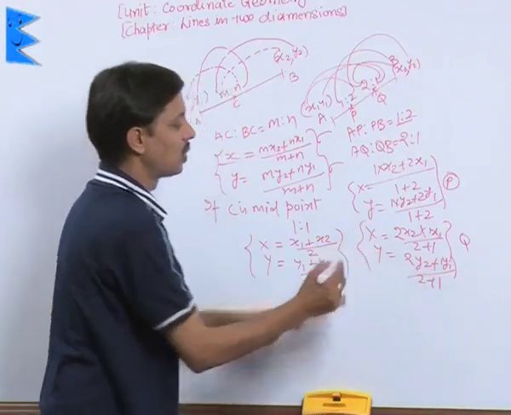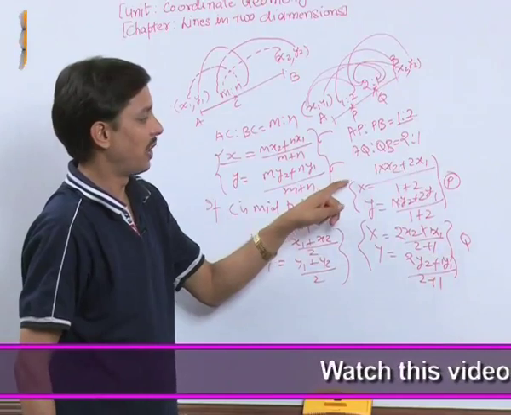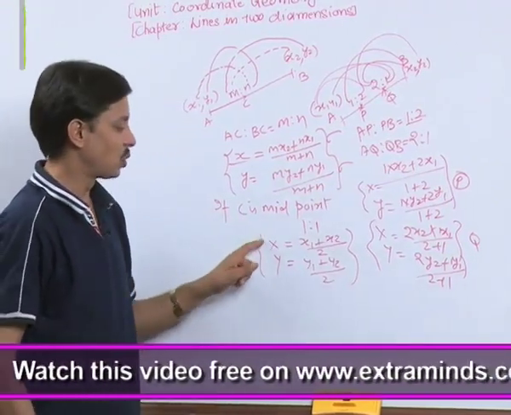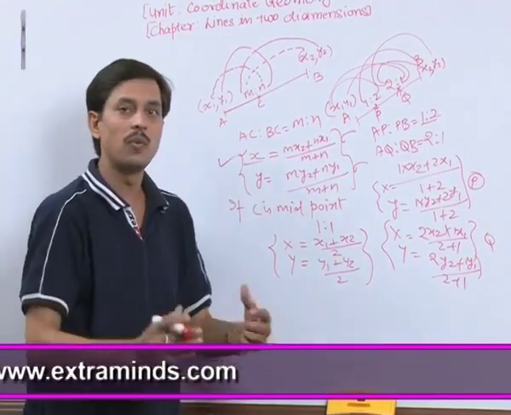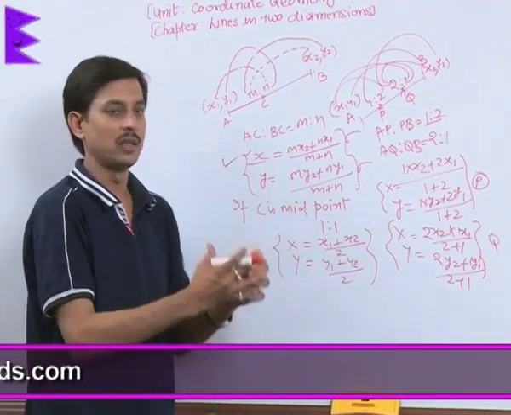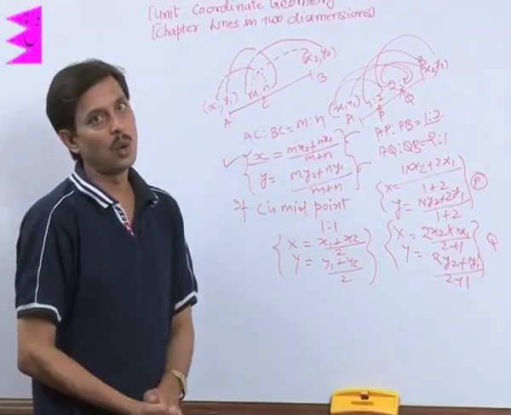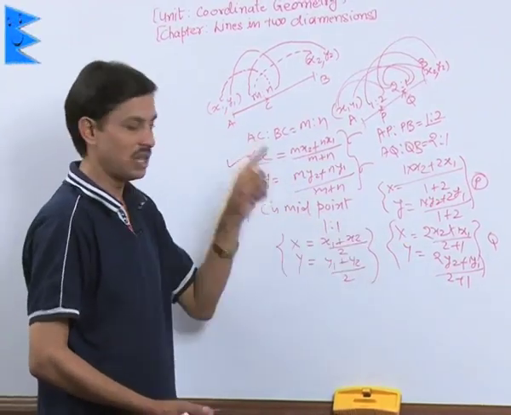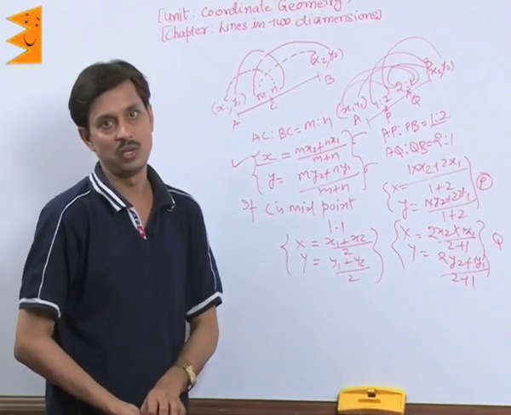These are the values of x and y at point Q. These are the values of x and y at point P for trisection. These are the values for finding the coordinates of the midpoint, and this is the general formula for calculating the coordinates by using the section method. Now we will apply all these results of trisection, bisection and this for solving questions in various situations.